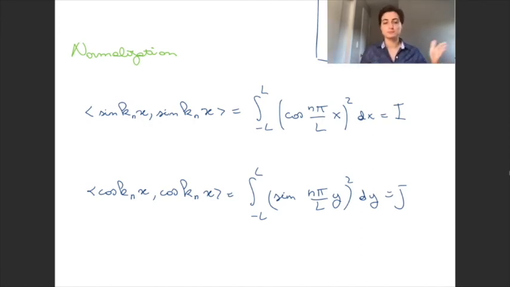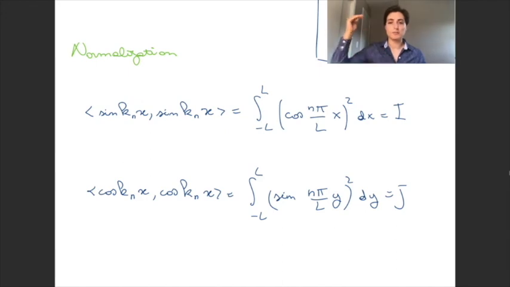So obviously the inner product of sine times sine is the integral of sin squared of n pi x over L, and the inner product of cos is the integral of cosine squared.